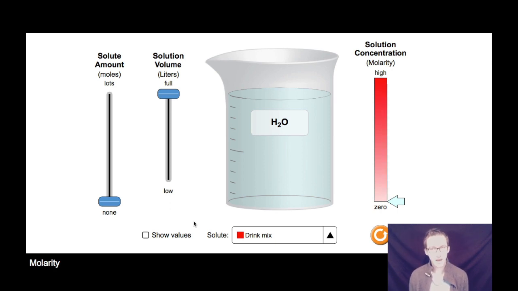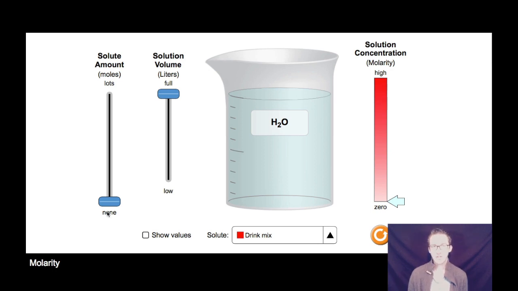And I think something that we can all relate to is Kool-Aid or concentrations of drink mixes.